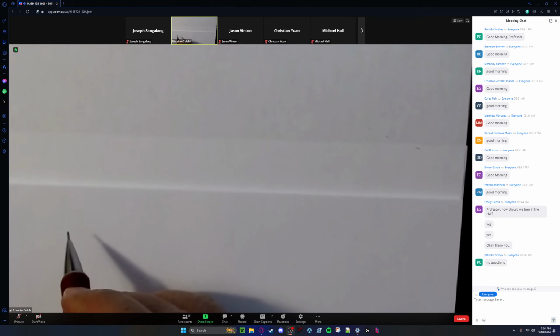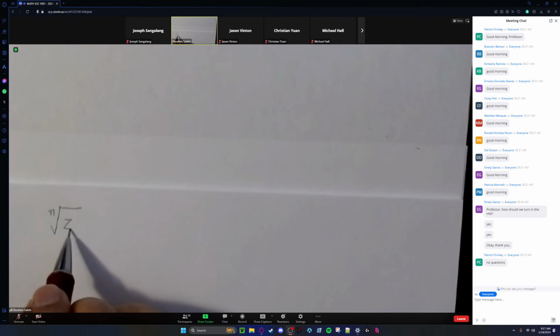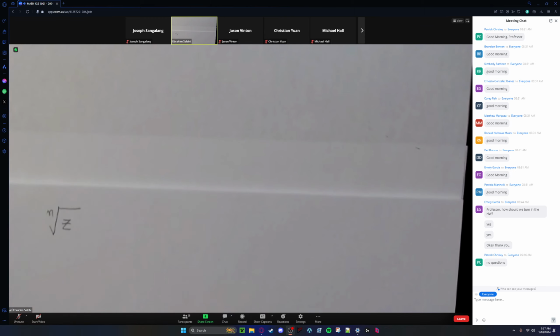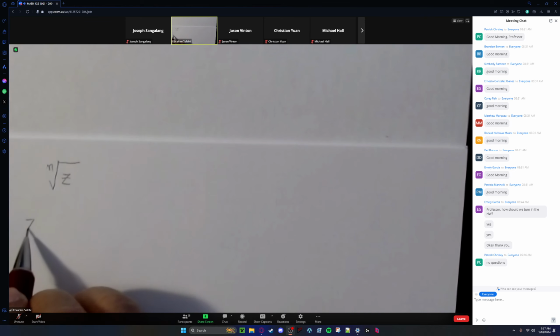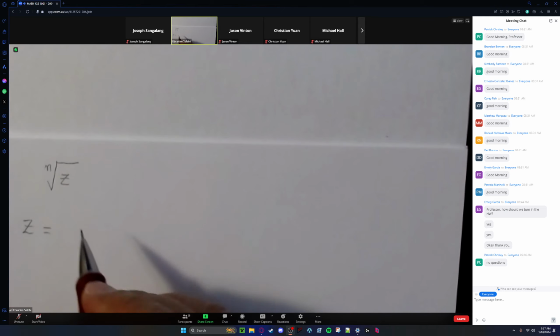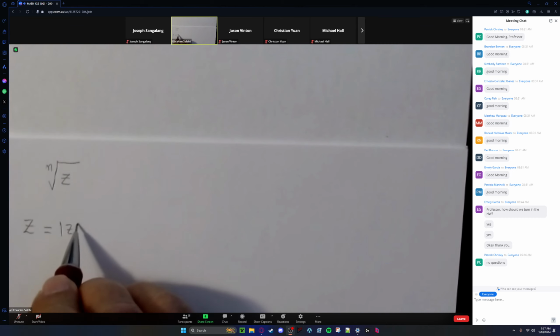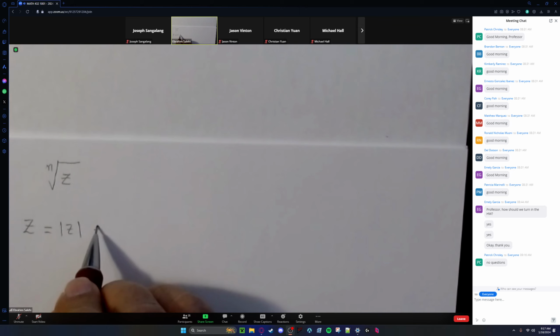Another application is when you want to take the nth root of a complex number. If you can write z in its polar format, which is modulus of z e to the i theta.